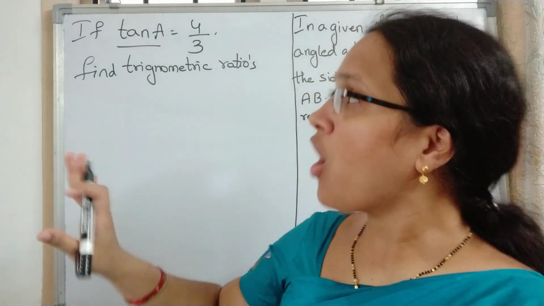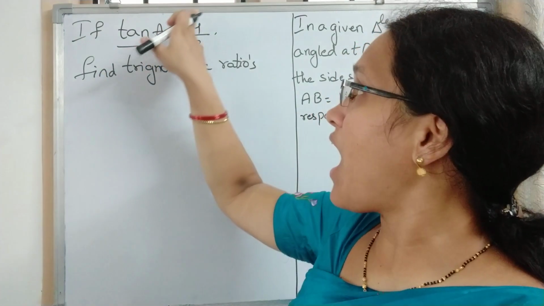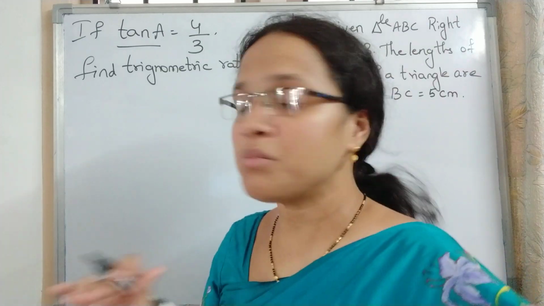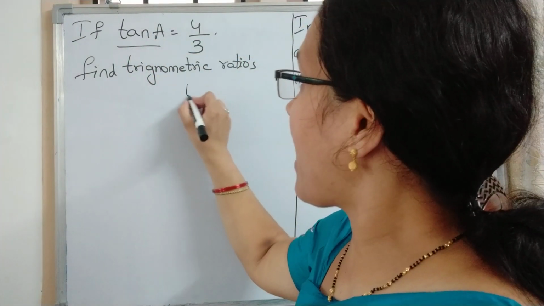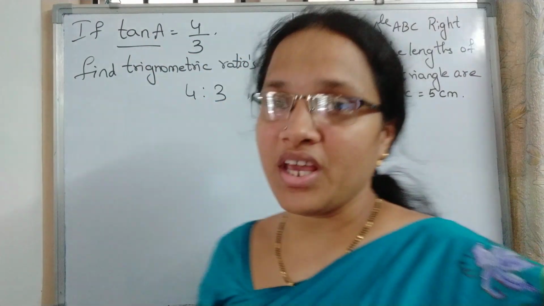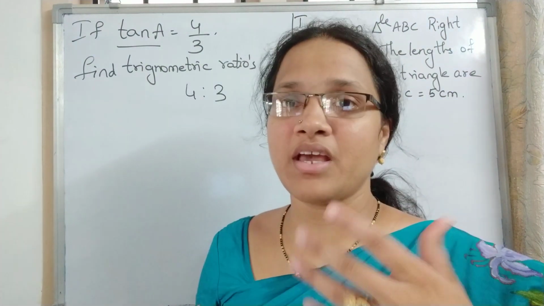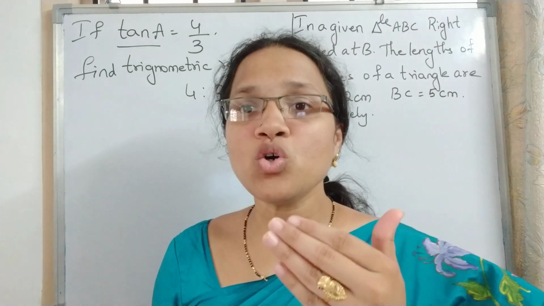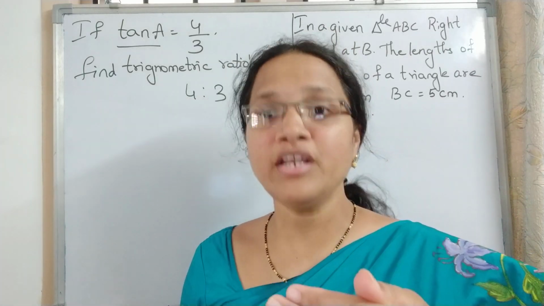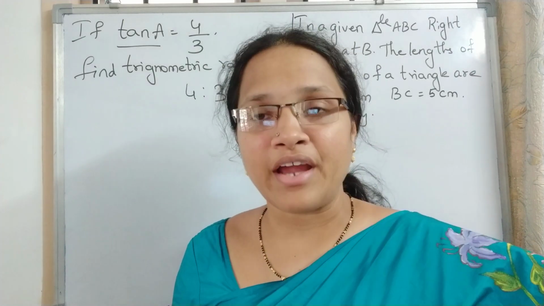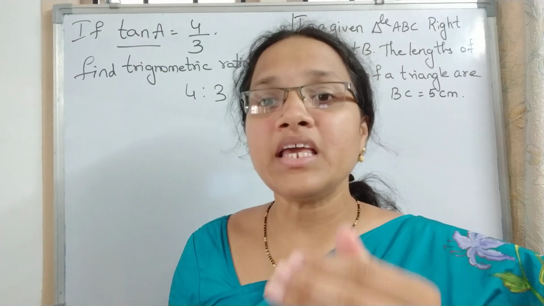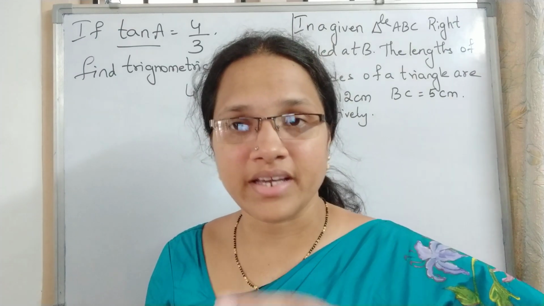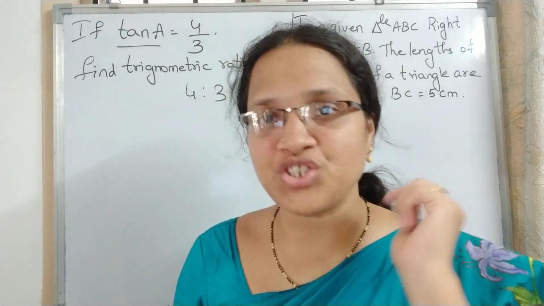That means all the trigonometric ratios are given in the form of ratios. You should take tan A as 4:3. Once again I am repeating the definition for the tangent: the ratio of the opposite side to its adjacent side of a triangle is constant, and this constant is called tangent.